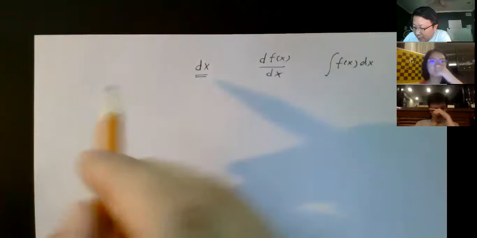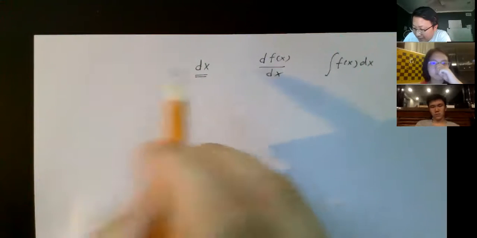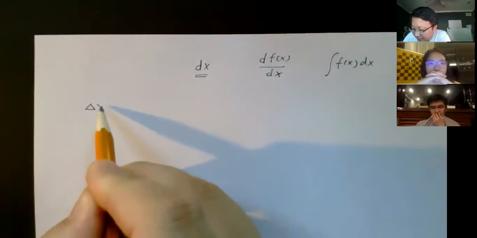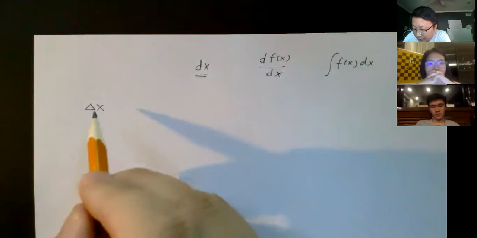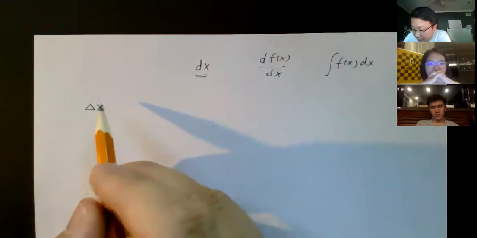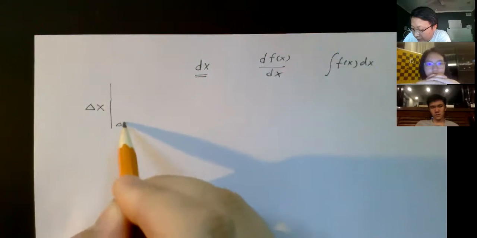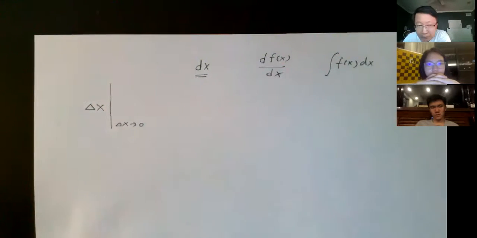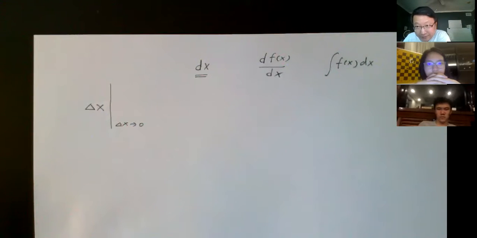The reason, so remember, what is this dx? This dx is basically delta x, right? The change of x, and however we have to approaching to infinite small, right? Approaching so-called zero. However, it is not exactly zero. So I sent you one of the video clip from YouTube talk about, you know, try to understand calculus from a 5th grade math.